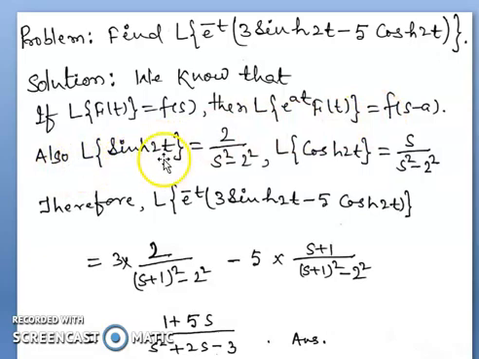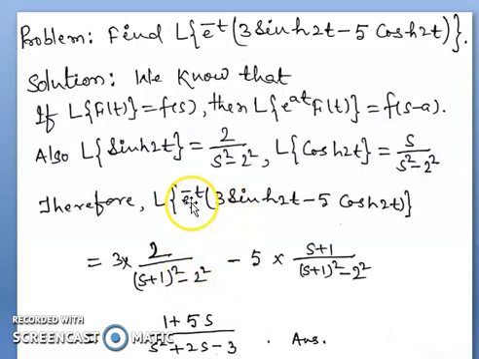Also L of sinh at is a divided by s square minus a square, and Laplace of cosh 2t becomes s divided by s square minus a square. Now therefore L of e to the power minus t times 3 sinh 2t minus 5 cosh 2t can be written as 3 as it is, and Laplace of e to the power minus t sinh 2t becomes 2 divided by (s plus 1) whole square minus 2 squared.